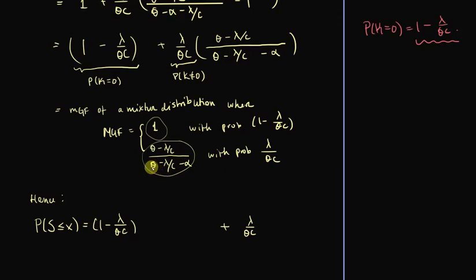Let's try to recognize this moment generating function. It is in fact the moment generating function for an exponential distribution with parameter theta minus lambda divided by c.